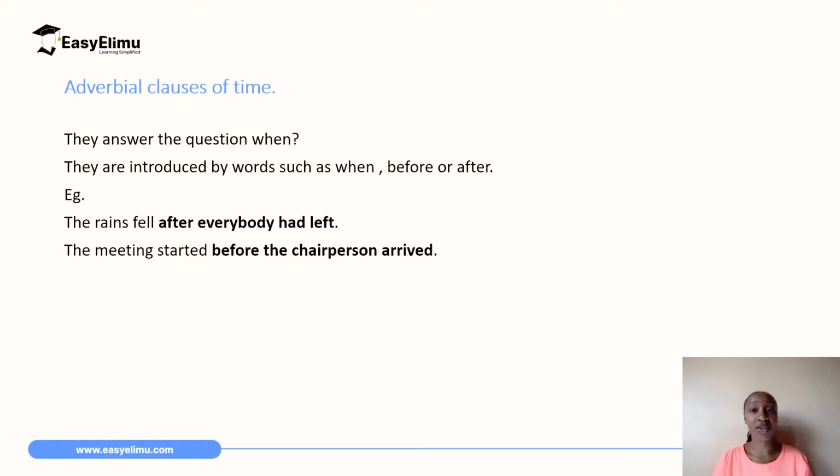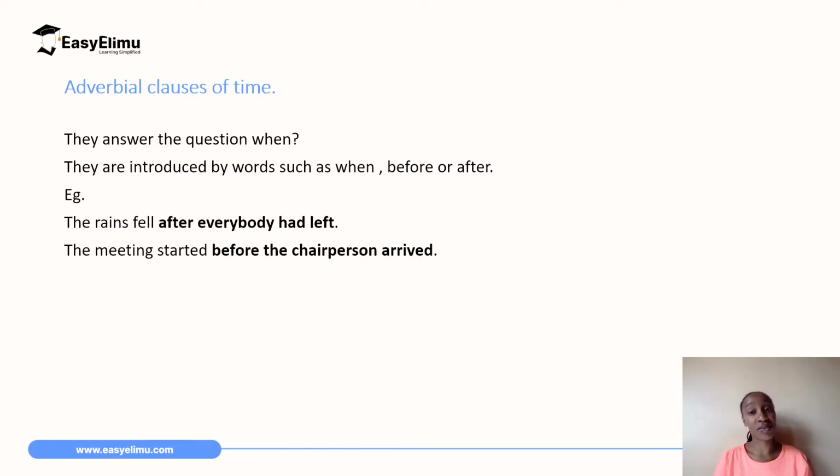If I ask you, when are you going to school? And you say, I will go tomorrow. Tomorrow has answered the question when, and tomorrow is an adverb of time. So adverbial clauses of time are introduced by words such as when, before, or after.